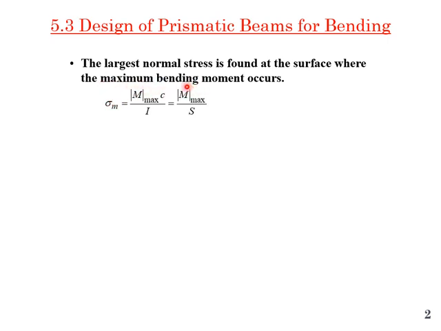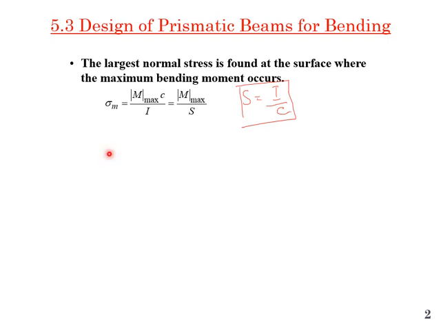The maximum normal stress we can find as M_max c over I, or M_max over S, where S is the section modulus, and S is simply equal to I over c. So this is known as the section modulus.